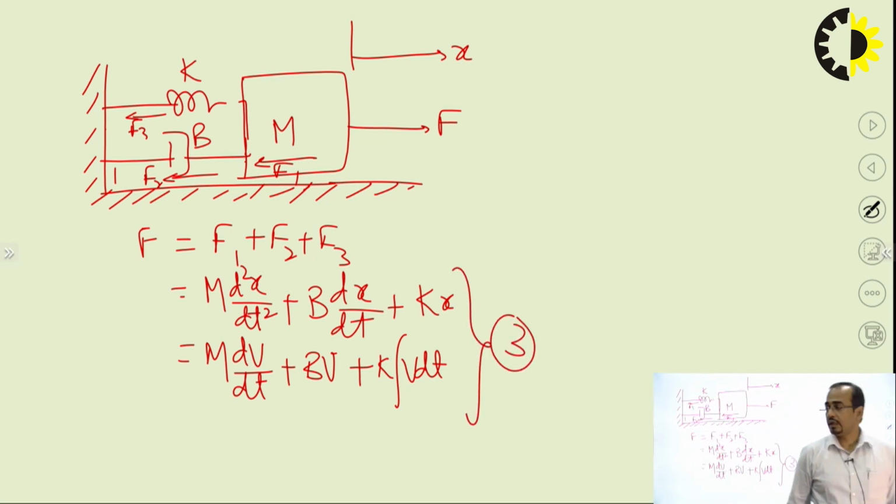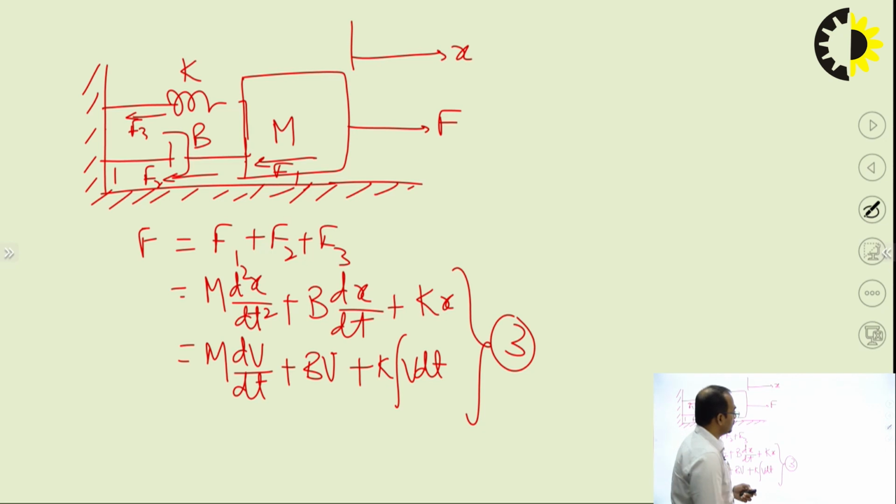Now we can draw a table for mechanical equivalent, electrical equivalent of mechanical system, so we can compare these three. Now we want to find the electrical equivalent of the mechanical system. So what will be the equivalent of force?